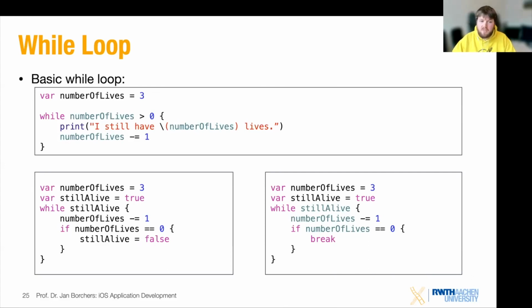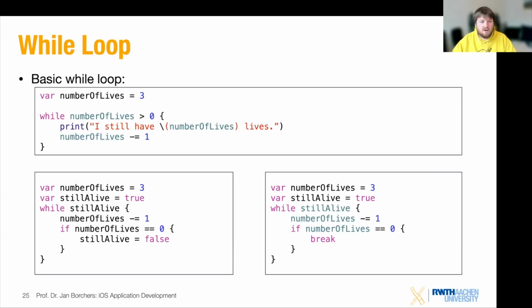And if it's true, then the action behind it is carried out. So here, printing out the number of lives that are left, and in this case, you should adjust the number of lives so that at some point it gets to 0, and then the condition is no longer true, and the loop is not repeated anymore.